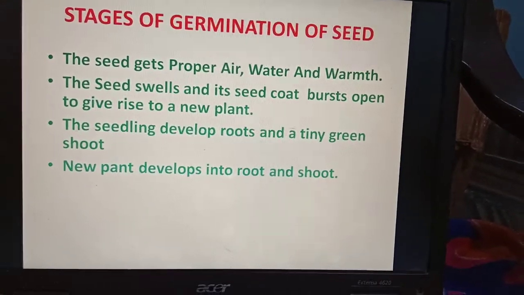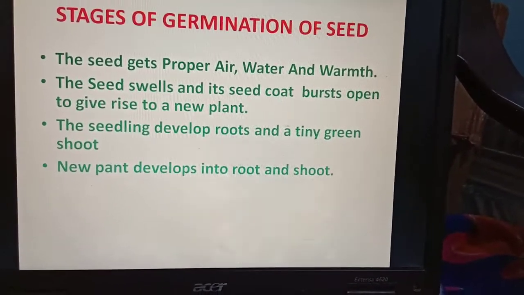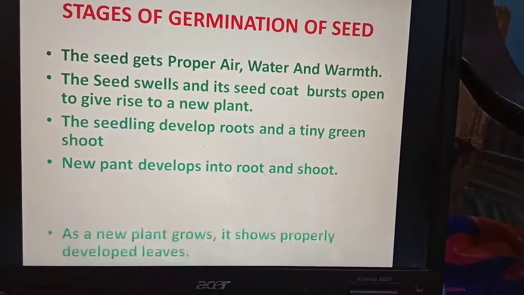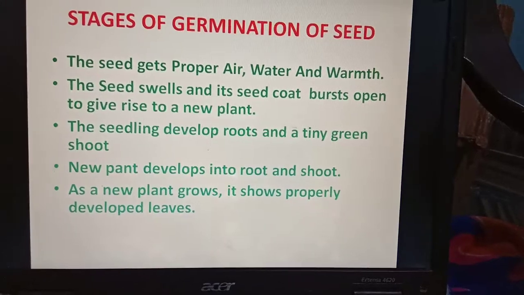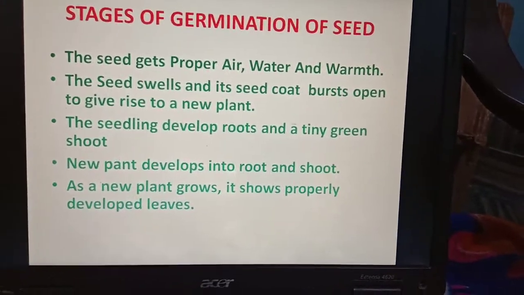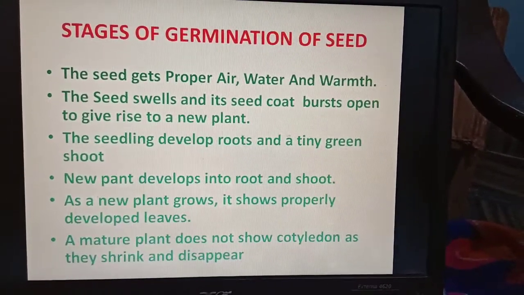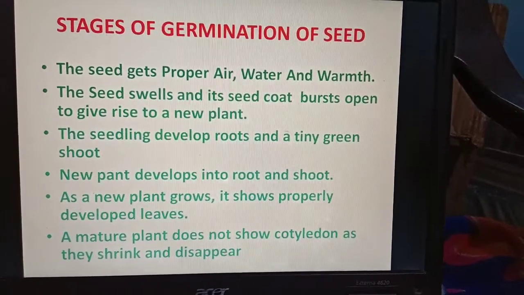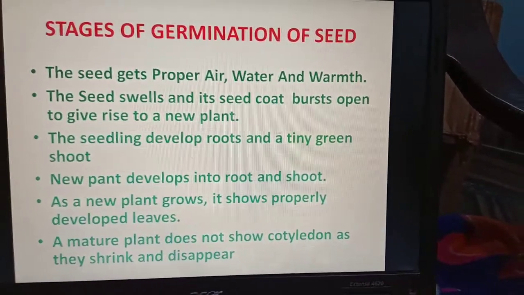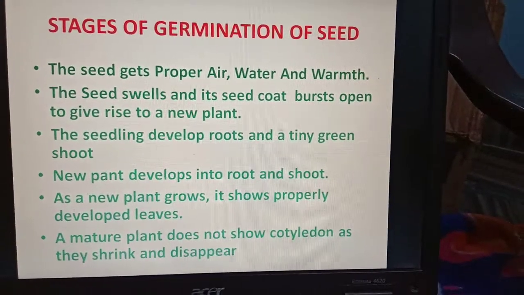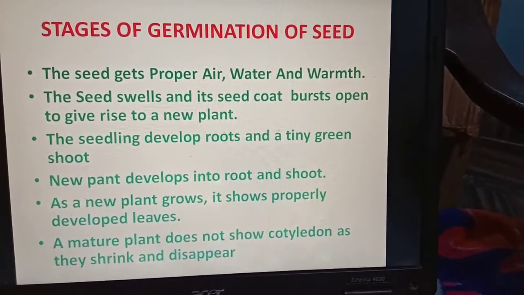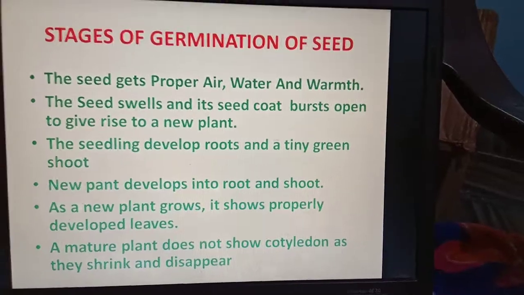The new plant develops into root and shoot above the soil. As the new plant grows, it shows properly developed leaves. And a mature plant does not show cotyledons as they shrink and disappear. I can explain these stages through the picture.